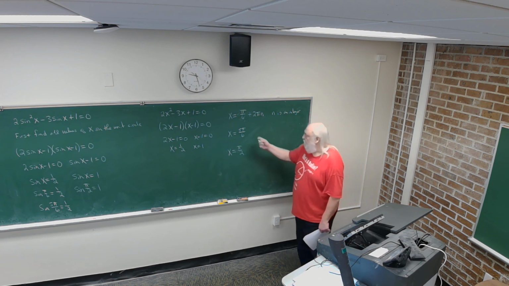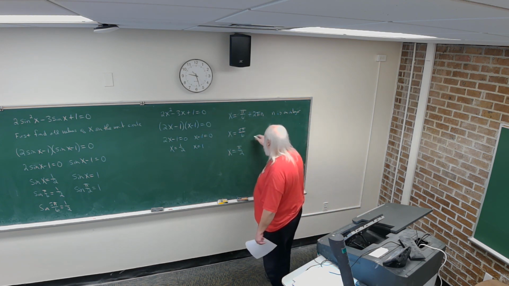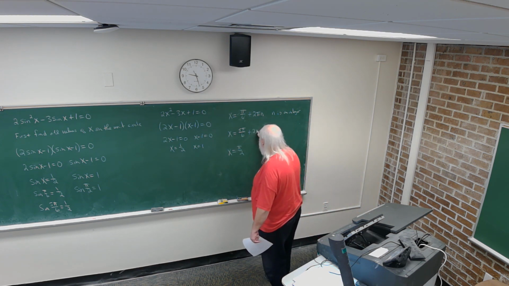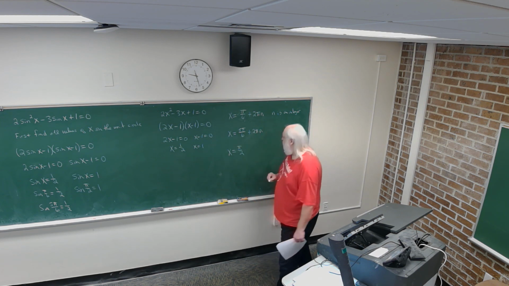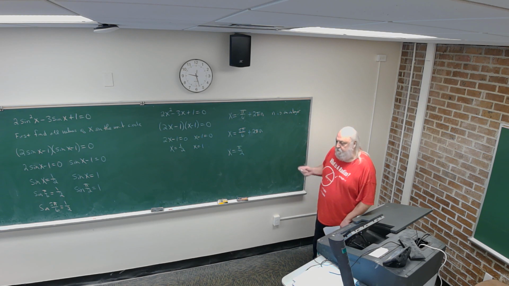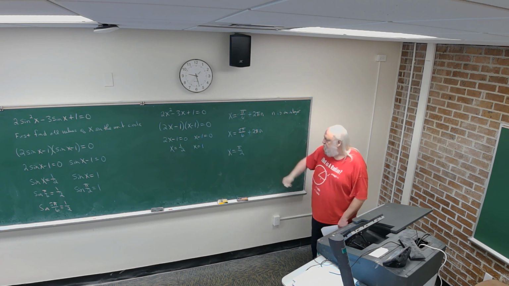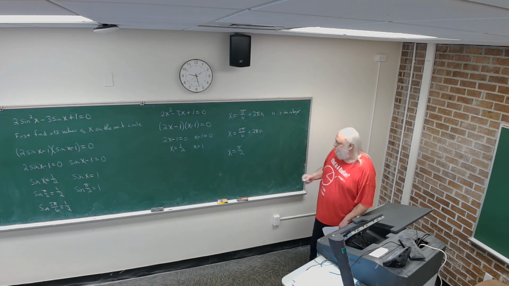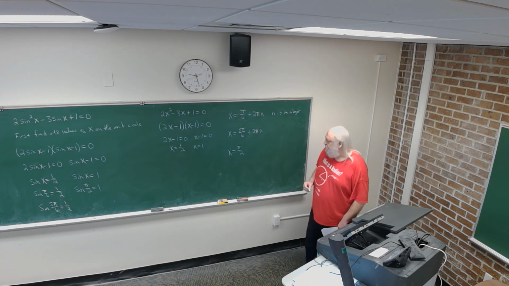And the same is true for 5 pi over 6: we just add 2 pi n to 5 pi over 6 to get all the angles that are coterminal with 5 pi over 6.